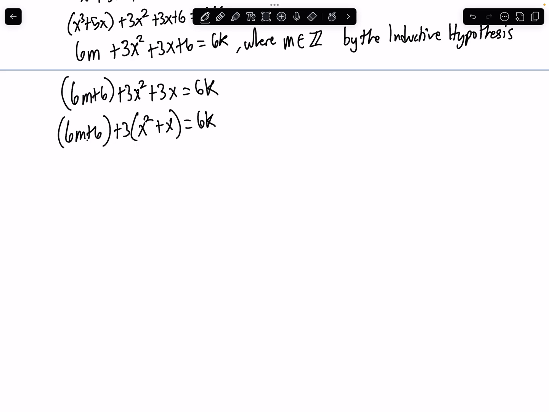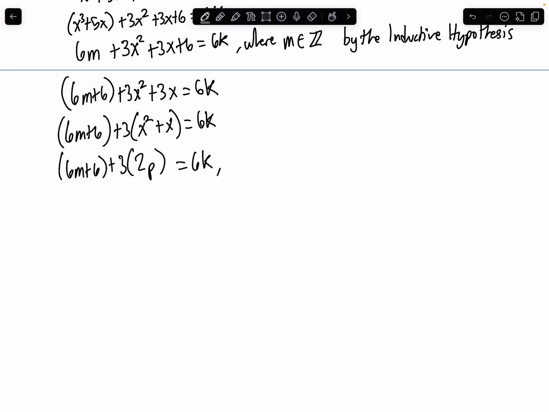So let's call this a multiple of 2. So what variable do we want to use? We've already used m. Let's say p. Okay, so we're saying that this is 2p, because an even number can just be rewritten as 2 times an integer.